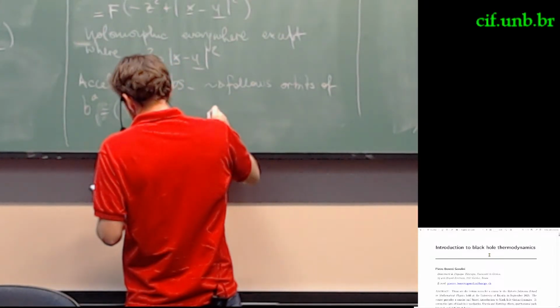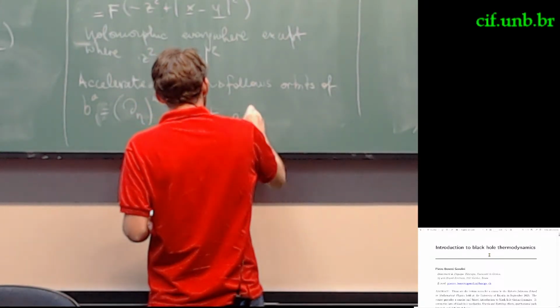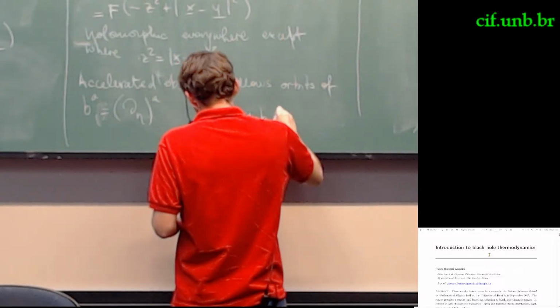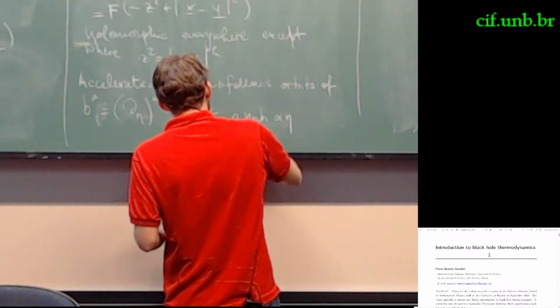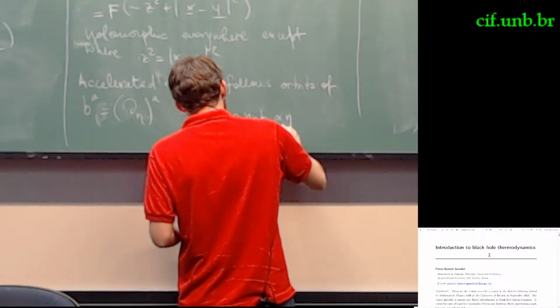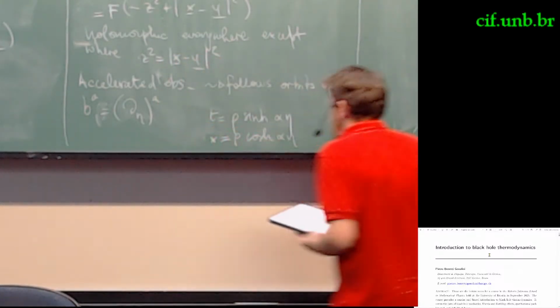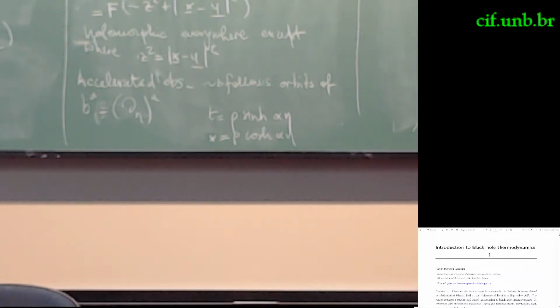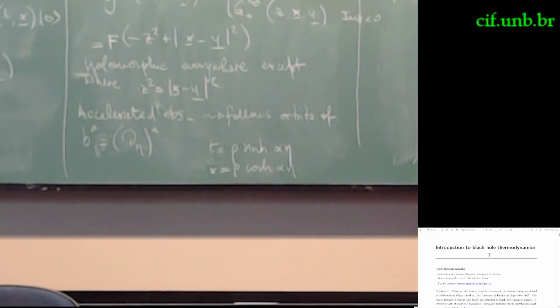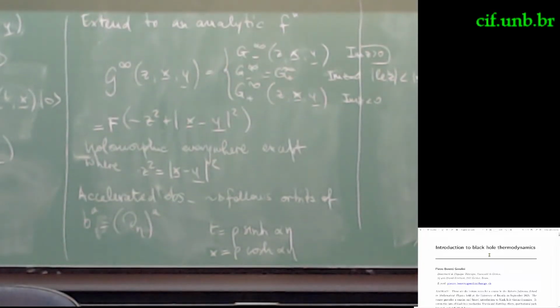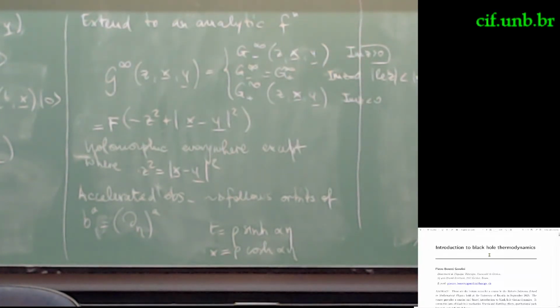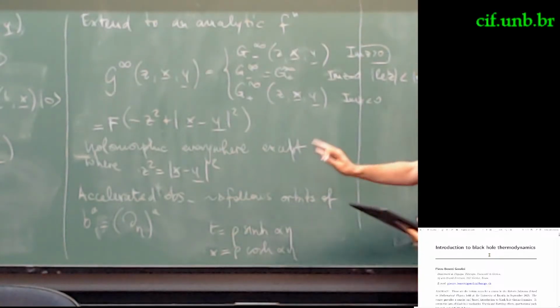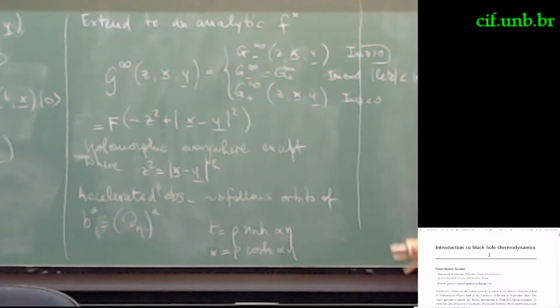Then these coordinates are T equals rho sinh alpha eta, and X equals rho cosh alpha eta, which guarantees the fact that we have a hyperbola, okay? You can add transverse dimensions. I don't care about the transverse dimensions. I'm just looking at what happens in a plane that I orient with the generator of the boosts, okay?